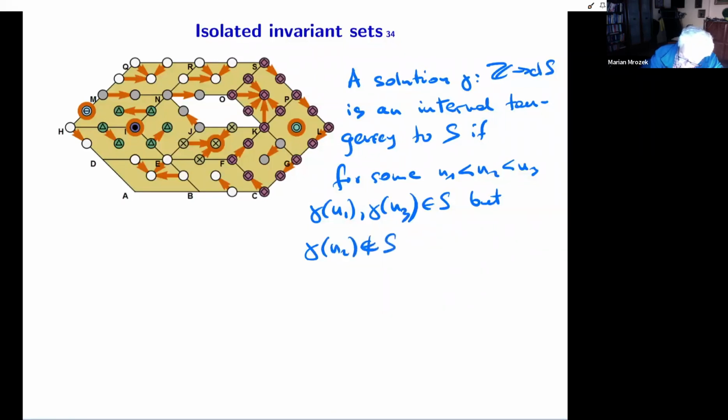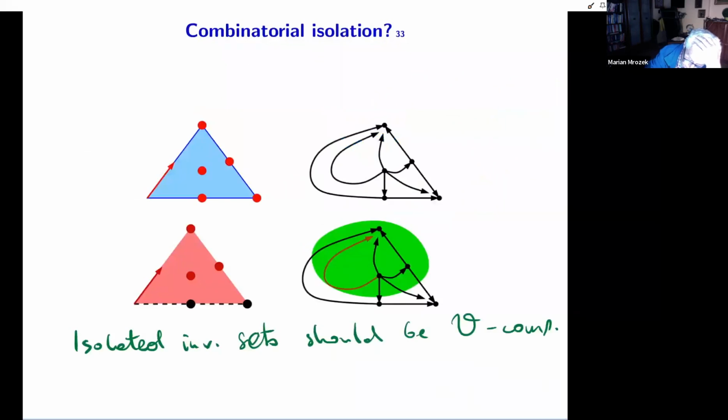So if I have an invariant set such that, like here, I have a solution which starts, so remember my candidate here for the isolated invariant set, which turned out not to be an isolated invariant set, is the collection of these cells.